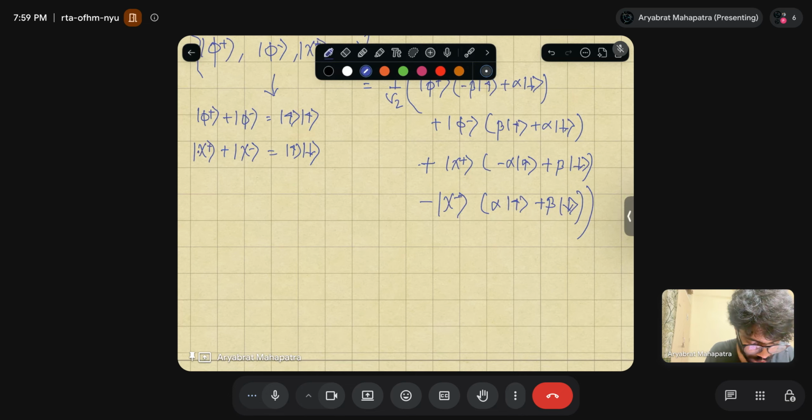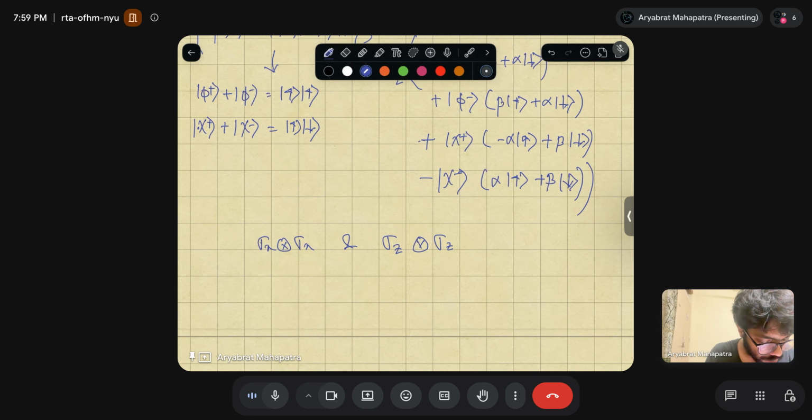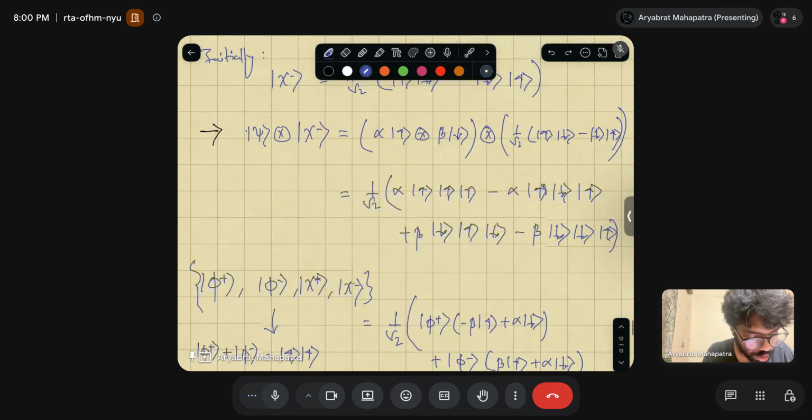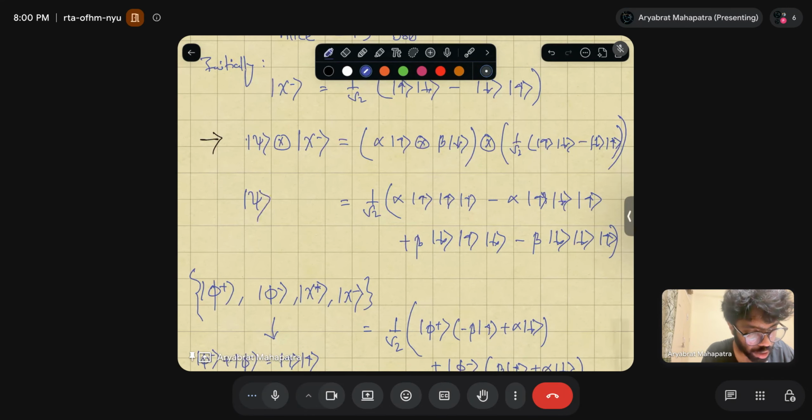She has to measure sigma x cross sigma x and sigma z cross sigma z, just like how Bob measured in the previous case. Remember, Alice already had one pair of entangled qubits, plus this qubit, the psi, which she wants to send to Bob.